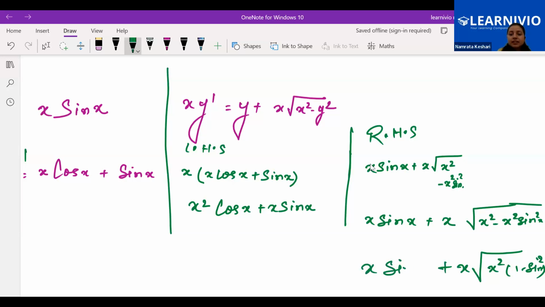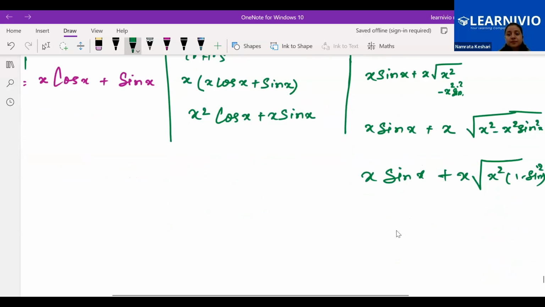1 minus sin square x is what? 1 minus sin square is what, Murtaza?